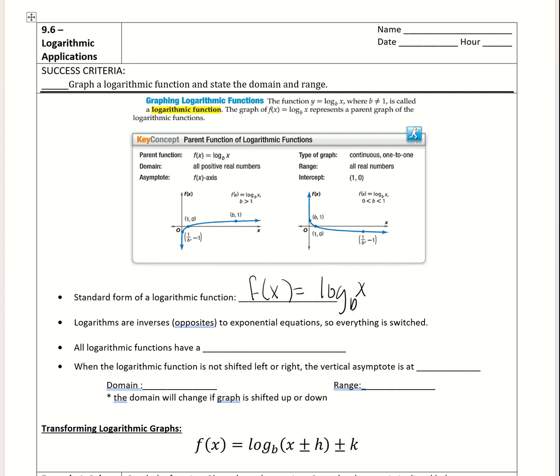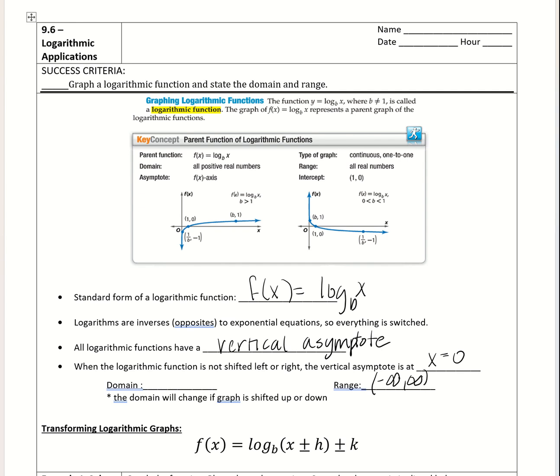All logarithmic functions have a vertical asymptote. When the logarithmic function is not shifted left or right, the vertical asymptote will be x equals 0. And what's weird about this is we're always used to the domain being negative infinity to infinity. That's actually the range this time.